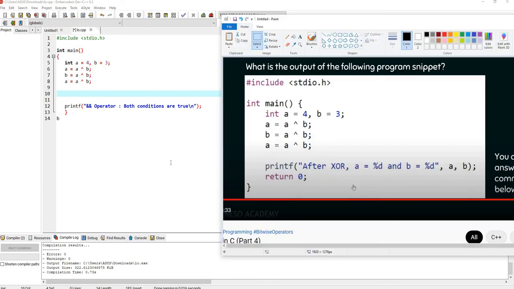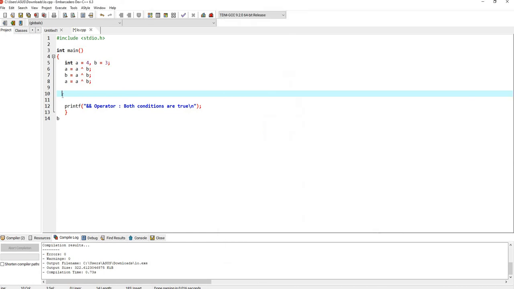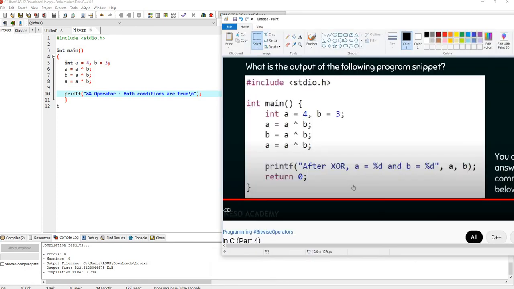Tapos, print FXOR. Teka, ayusin lang natin. Okay, dito sa taas. Ayan. Print after XOR.